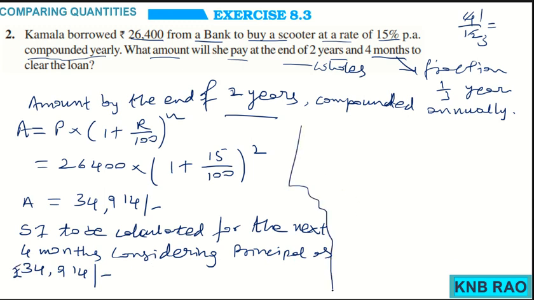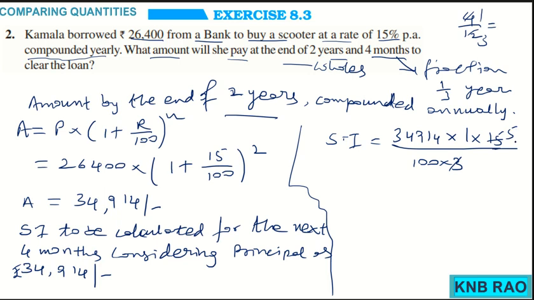Now we will calculate SI: 34,914 rupees into 1 upon 100, PTR by 100 will come. T is 1/3 year and rate of interest is 15 only. So 3 1s are 3, 5 3s are 15, will go, and here 5 20s are, and after simplification you will get simple interest as 1,745 rupees 70 paise.